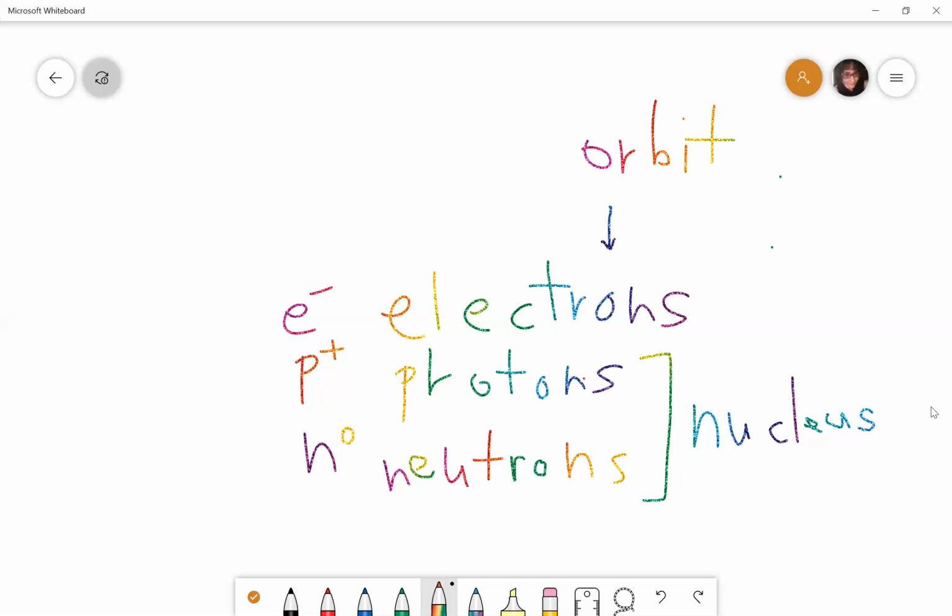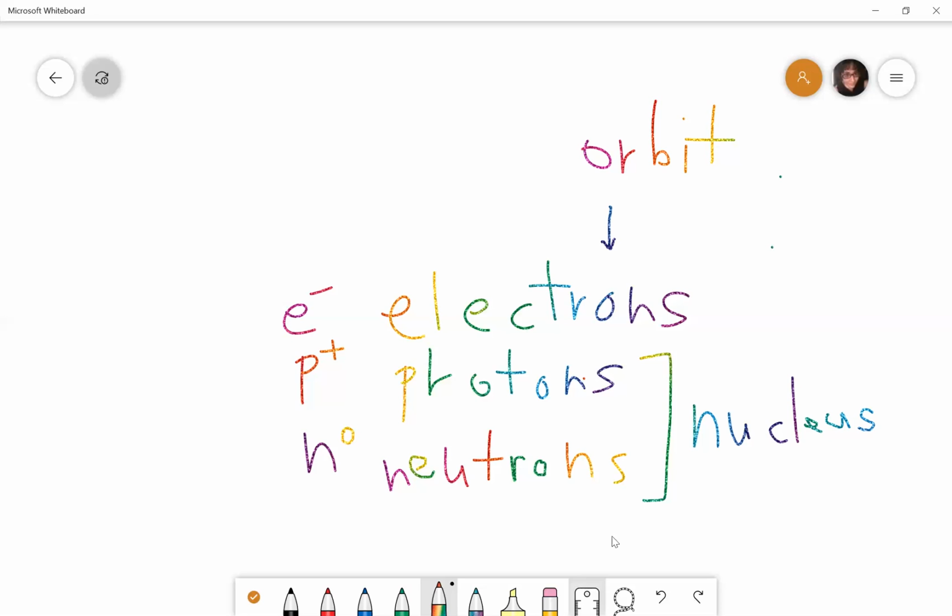We will look at these electrons in more detail when we discuss whether something is undergoing an ionic bond versus a covalent bond, so electron transfer versus electron sharing.